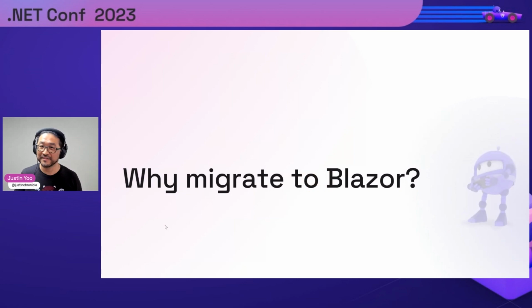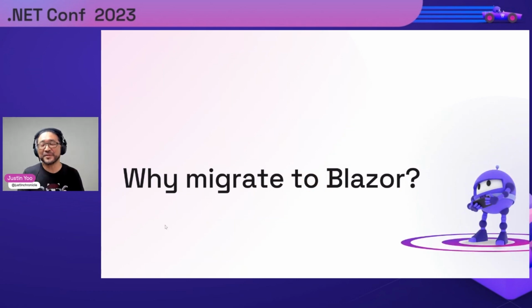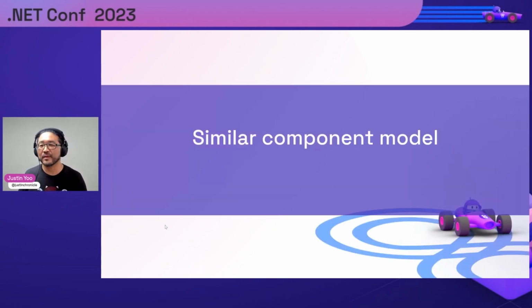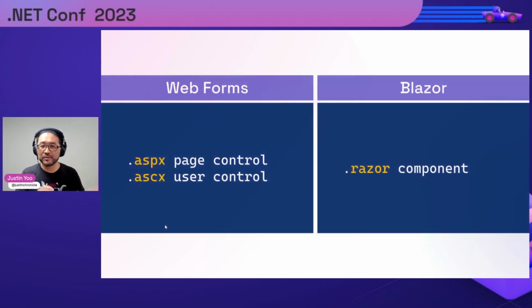Do you agree? If you agree with Blazor, we also need to convince ourselves to migrate to Blazor. As I mentioned earlier, both have a similar component-based model, right? So let's compare them to each other. ASP.NET WebForms applications have ASPX page controls and ASCX user controls.